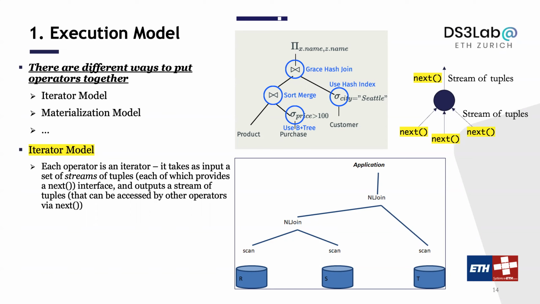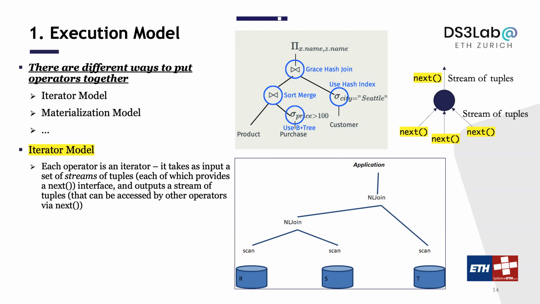The interface provided to all other operators is also a stream of tuples. Whenever I want a tuple from this operator, I just call a function called next, which gives me the next tuple in this stream of tuples. So it is very simple.